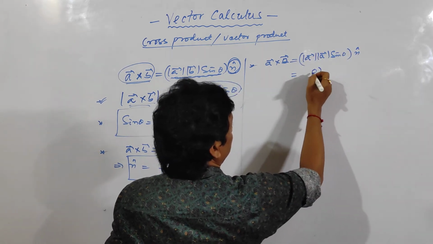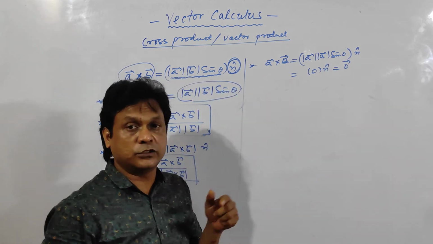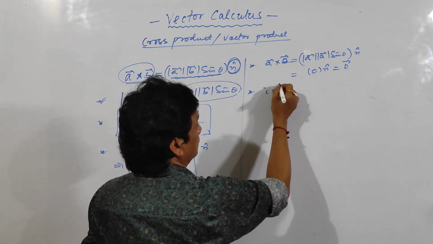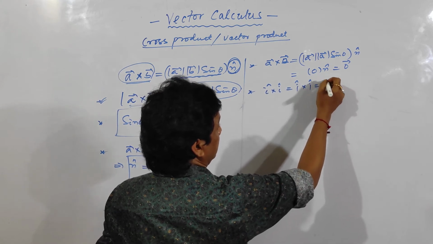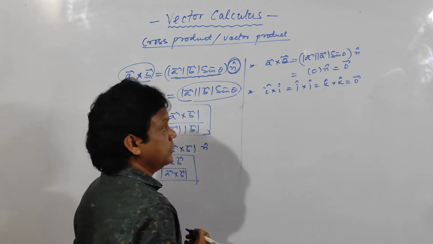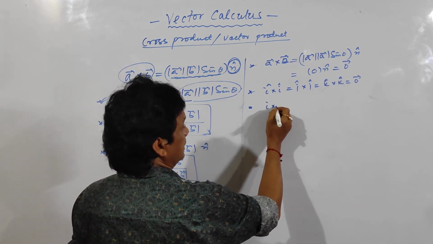So it is equal to 0 into n cap, or rather the 0 vector. Don't write 0, it is a 0 vector. So i cross i, j cross j, k cross k are all equal to the 0 vector. Don't say 0, it is the 0 vector. Clear?